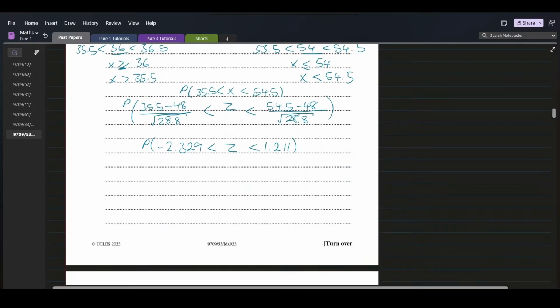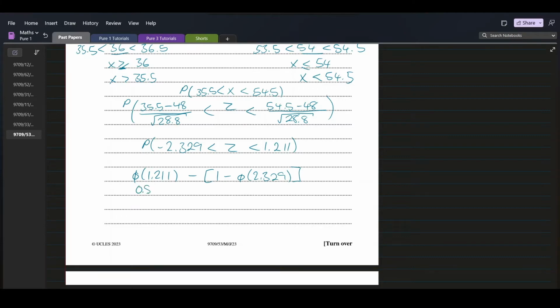And we can write this as phi of 1.211 minus 1 minus phi of 2.329. And then let's use our normal distribution tables to get our values.